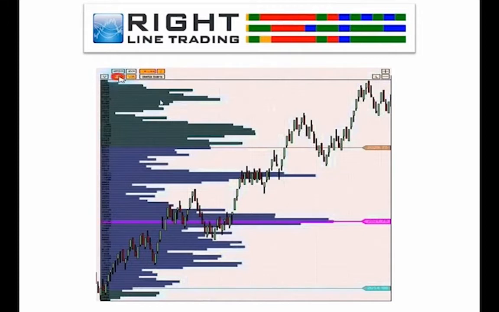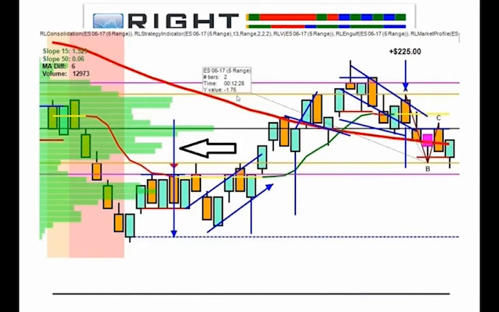What they do is they create a certain amount of volume at any given price, and the volume is represented in this histogram. Now I wanted to show you the histogram that's created by our indicator. You can see it right here on the right side. It's these green histogram bars.